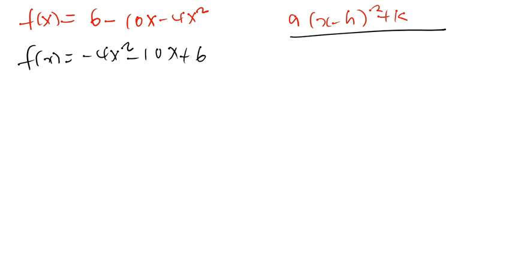Now the next thing is I need to factor out negative 4. For the completing square method, I'm going to show you another method which is simple for you. I'll factor out negative 4, and here I'm going to remain with this. 10 divided by 4 is what? It's 5 over 2, right? x. Then put plus 6.